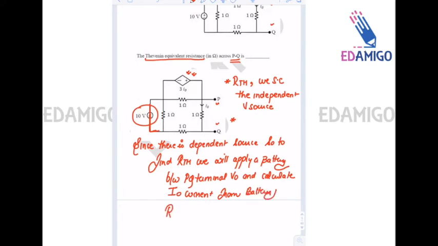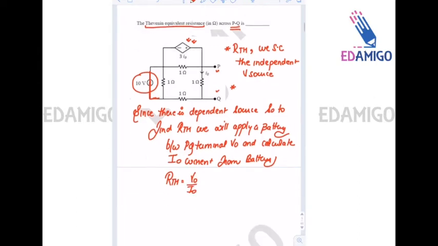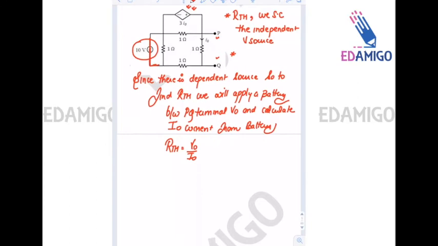RTH will be V0 upon I0. I will redraw the circuit again. This is a dependent source.